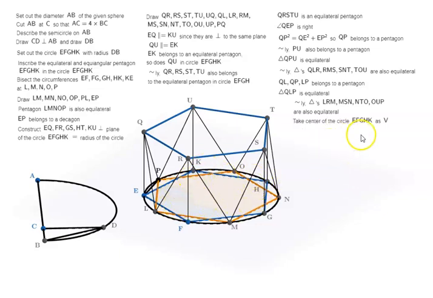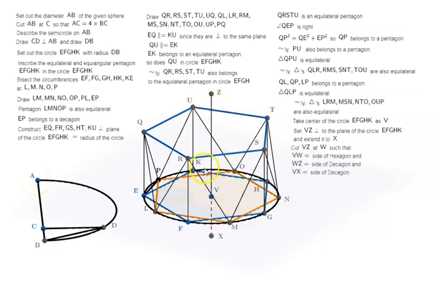Now, let's take the center of the circle EFGHK as V. Now, set VZ perpendicular to the plane of the circle EFGHK and extend it in the other direction to X. Now, cut VZ at W such that VW is equal to the side of the hexagon. Side of hexagon is QE.